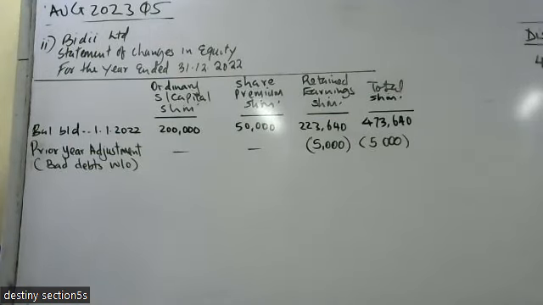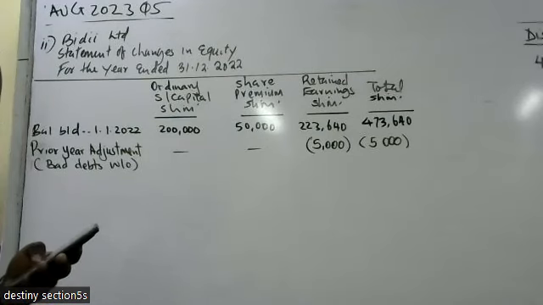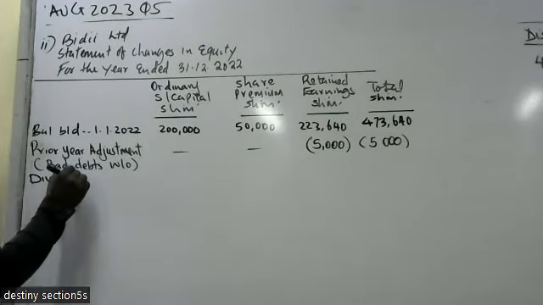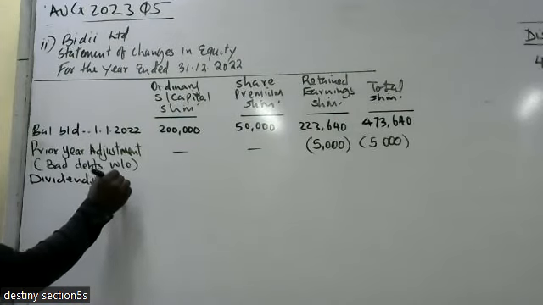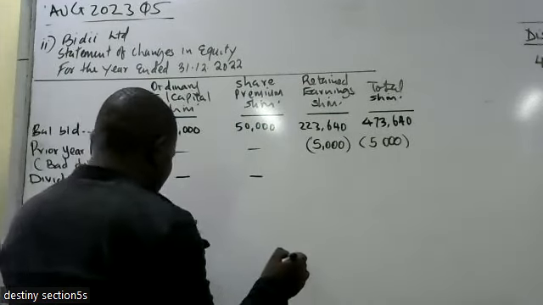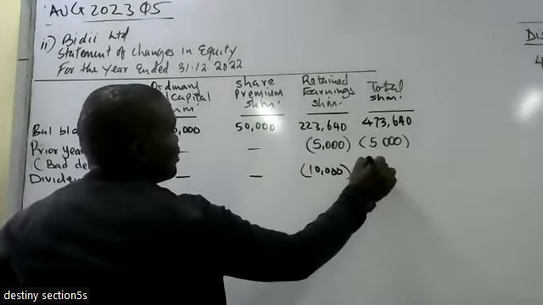Then there were some notes on ordinary share capital. But before that, in the trial balance, there were interim dividends paid. So dividends paid reduce profits. Interim dividends paid, that one reduces profits.